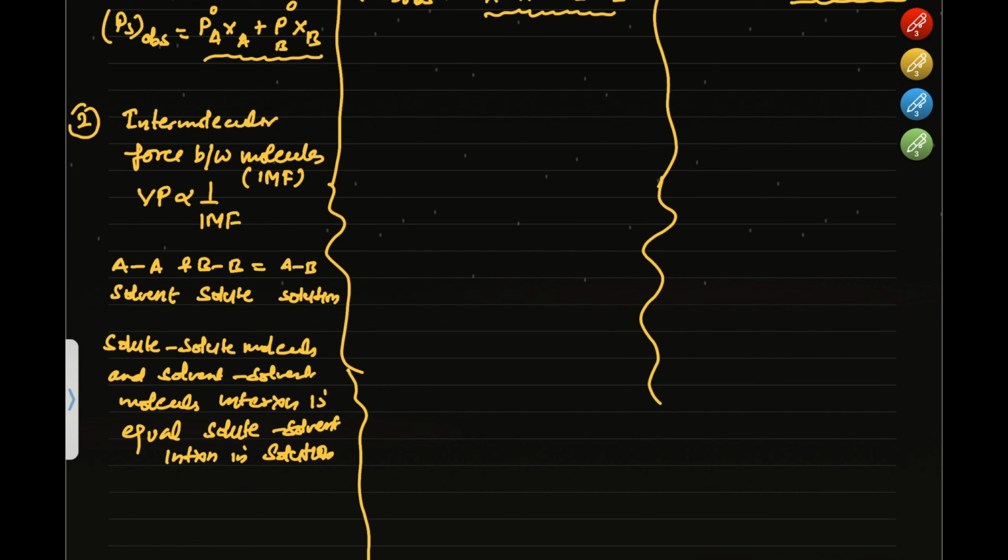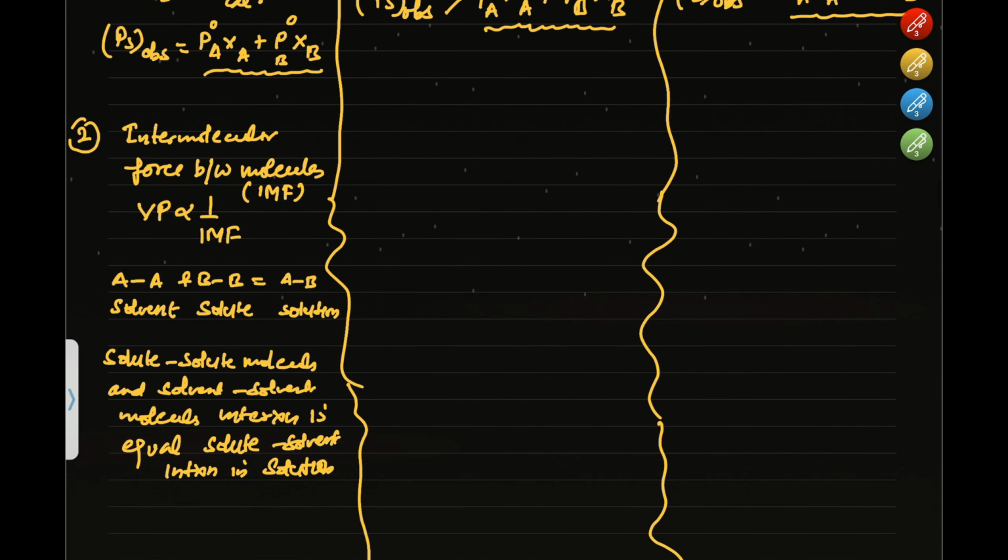This means the solute-solute or solvent-solvent interaction is equal to solute-solvent interaction in the solution.